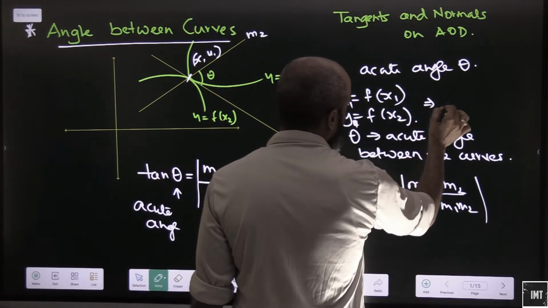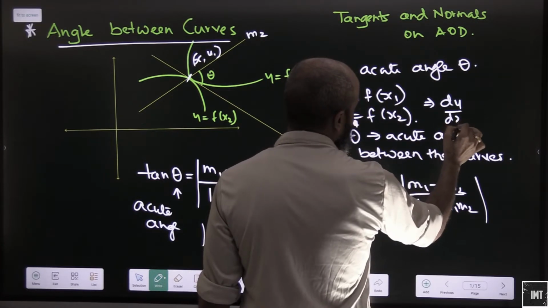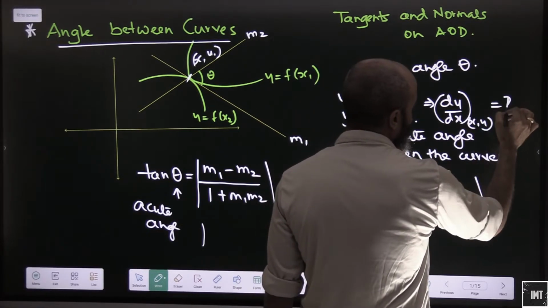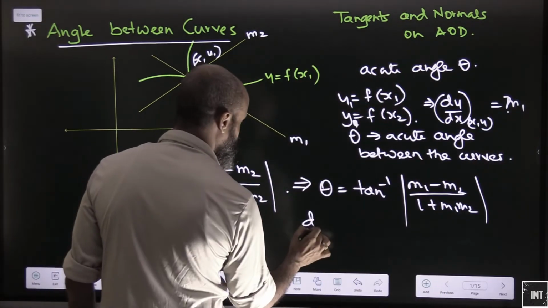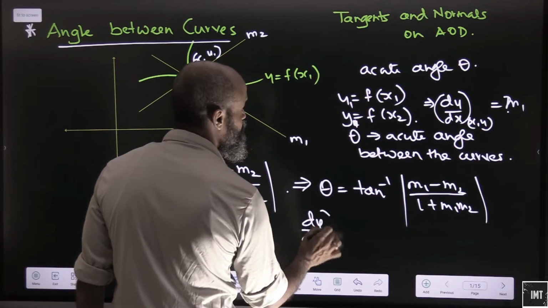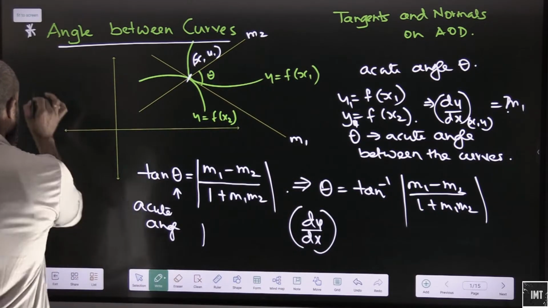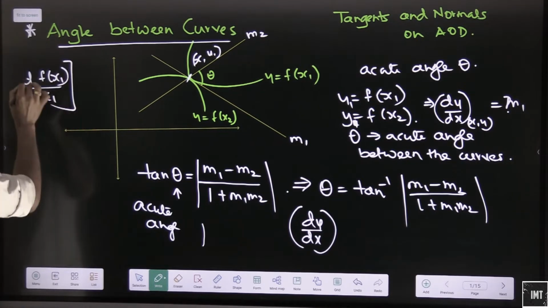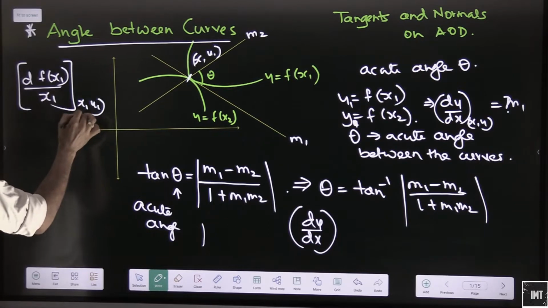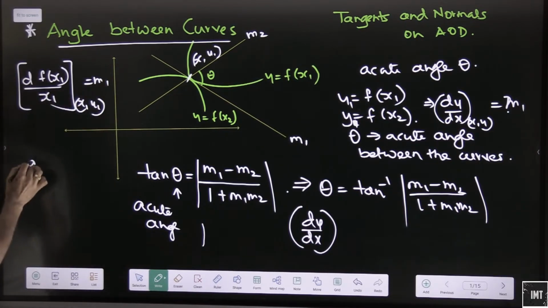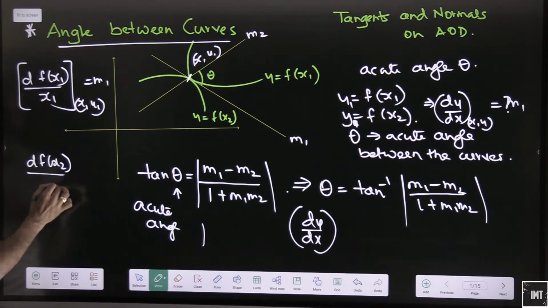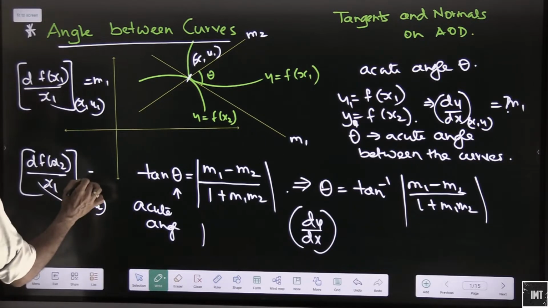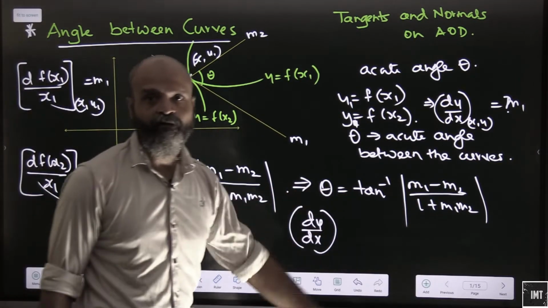We will calculate dy by dx for the first equation at (x1, y1), whatever the slope comes out to be, let's say m1, and we will calculate dy by dx for the second equation. So this will be df1(x) by dx at (x1, y1), equal to m1, and df2(x) by dx at (x2, y2), equal to m2. That's how we will calculate m1 and m2.